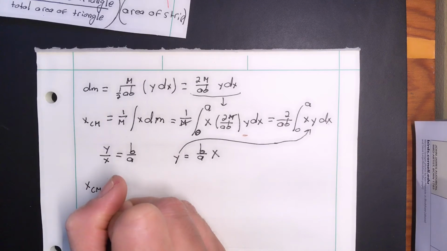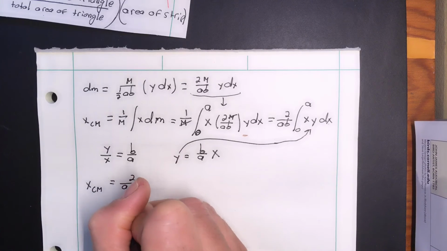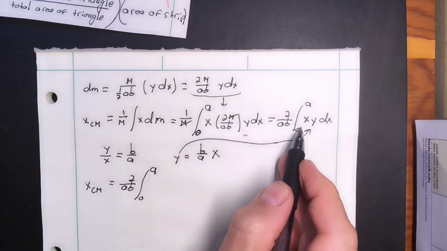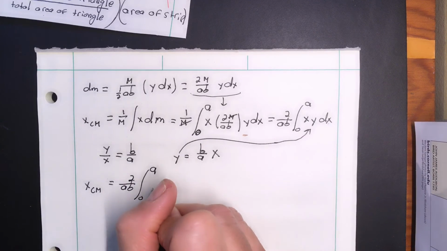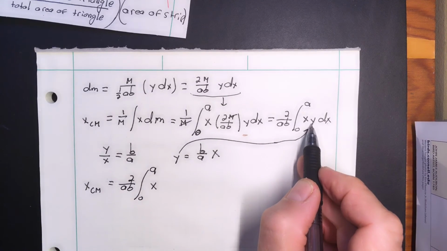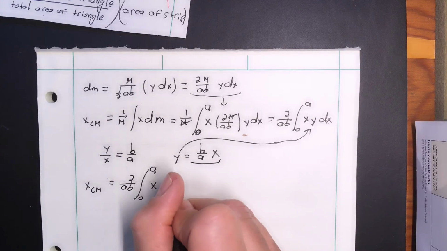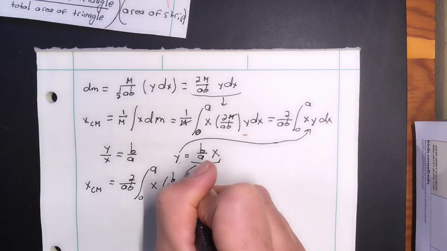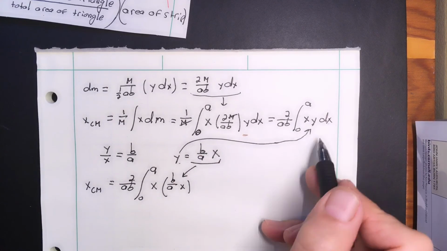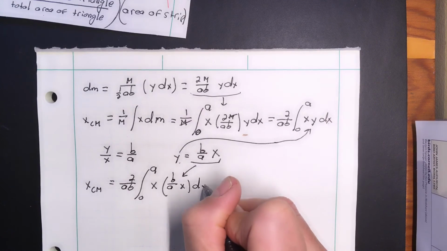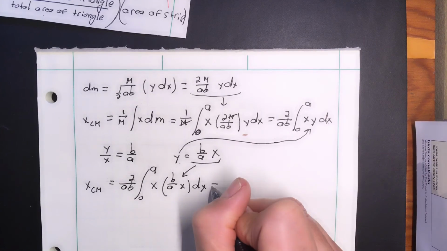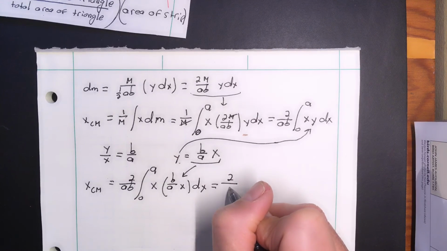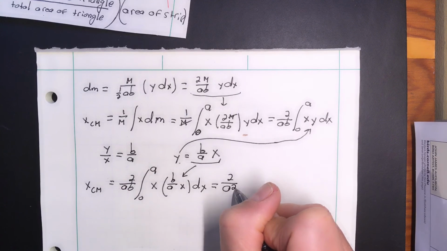X_CM equals, now we have 2 over AB, just like we had up above, integrating from 0 to A, of x. Now for y, we're substituting this. Okay, that's where that came from. And then the dx. So, what have we got here? 2 over a squared, right?